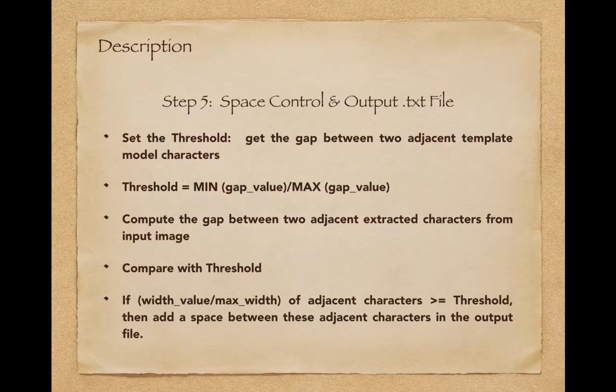For the input image, we compute the gap between two neighbor extracted characters and compare it with the threshold. If the width value divided by the max width value of adjacent characters is bigger than the threshold, we add a space between the two characters. After space control, we output the result in txt file format.